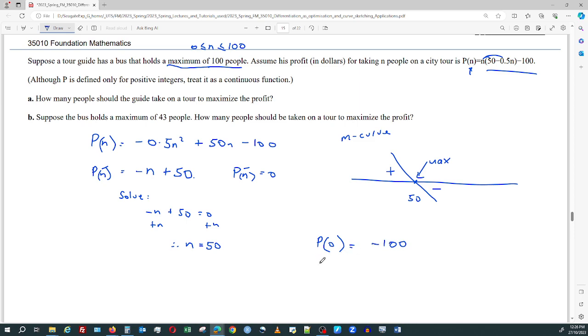And for the other endpoint, 100 people, we will get 100, 500, 600, half of 10,000 is 5,000.